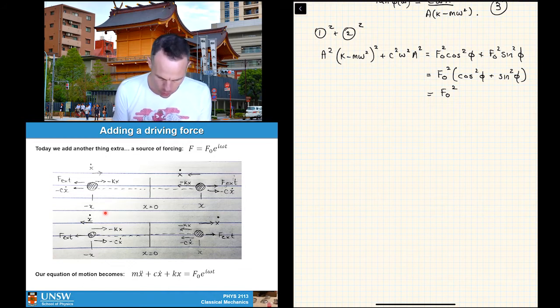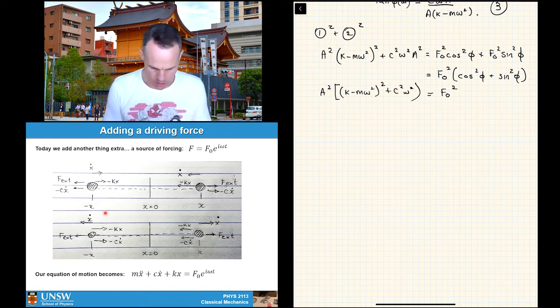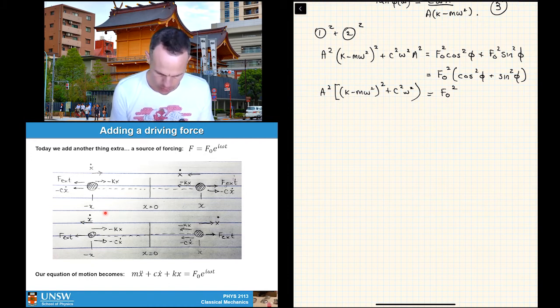And so what we can do out the front here is pull our a squared term out the front. So it's now going to be k minus m omega squared plus c squared omega squared, like so. Let me just make sure I got my bracket right.